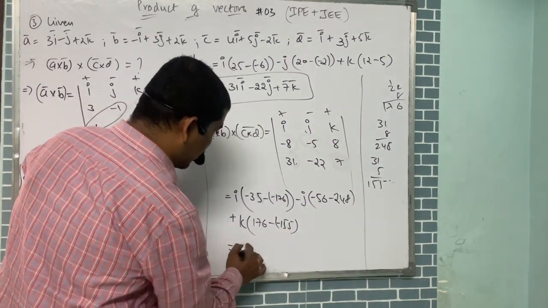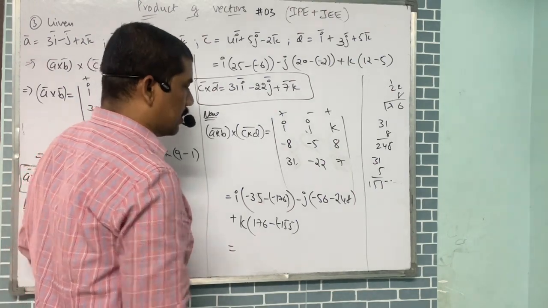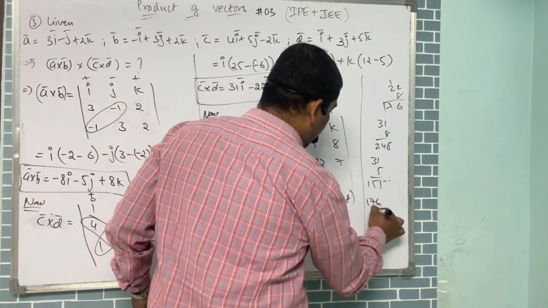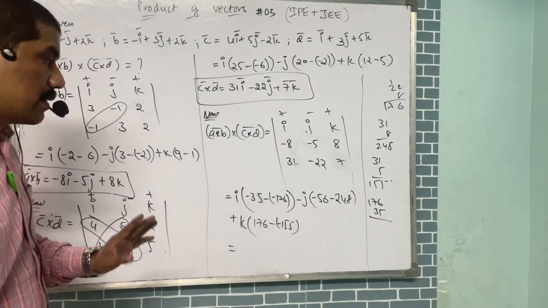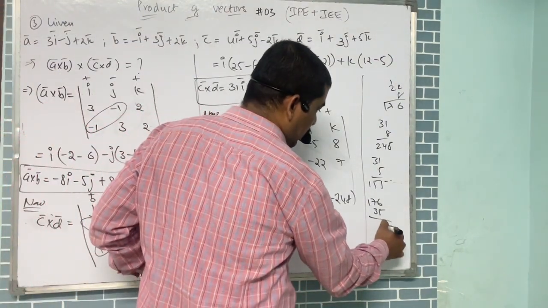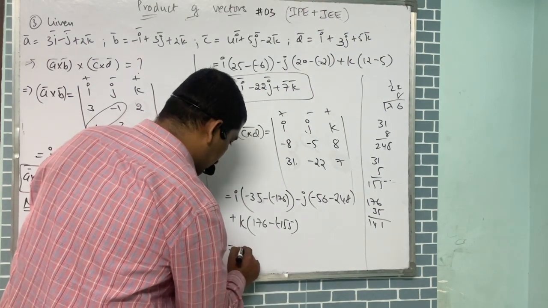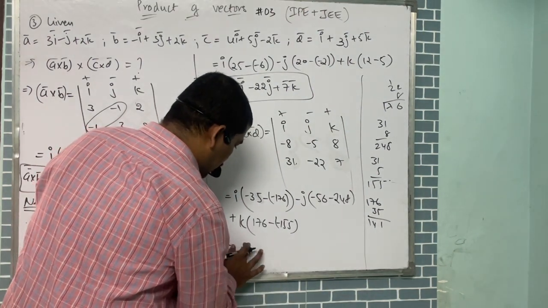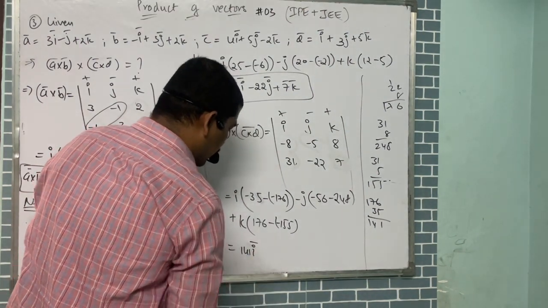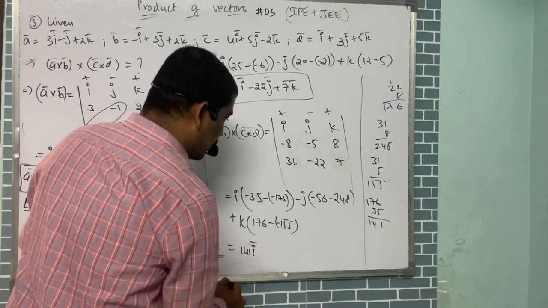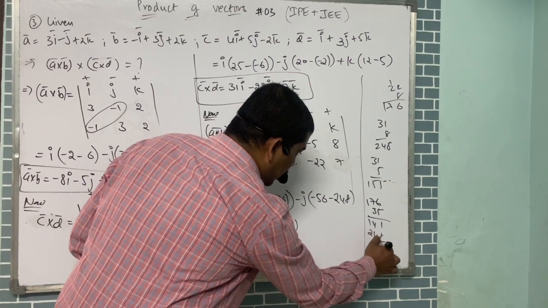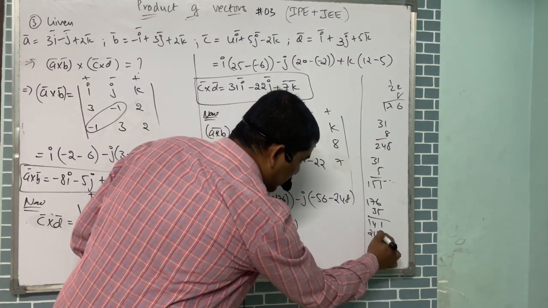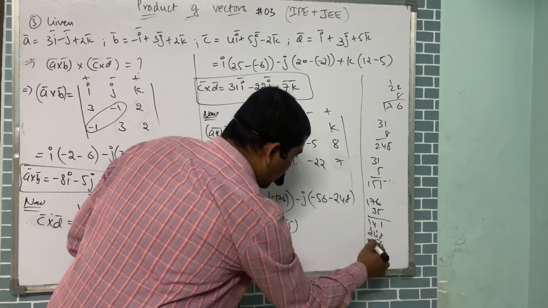So the answer is, see, minus into minus plus. So 176 minus 35. This is plus, this is minus. So we should do subtraction. So this will be now 141. So 141 I. Getting, this is our answer. Now both are minus. So 248 I should add. So this is 304.